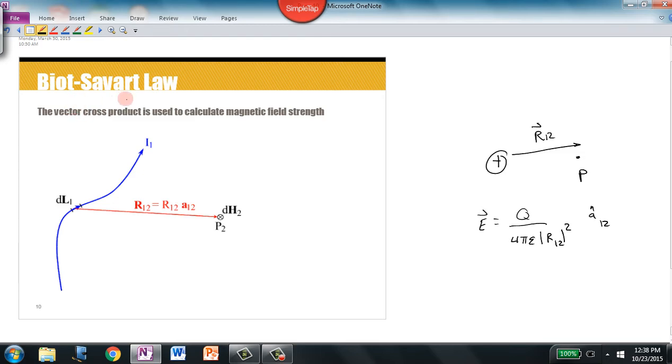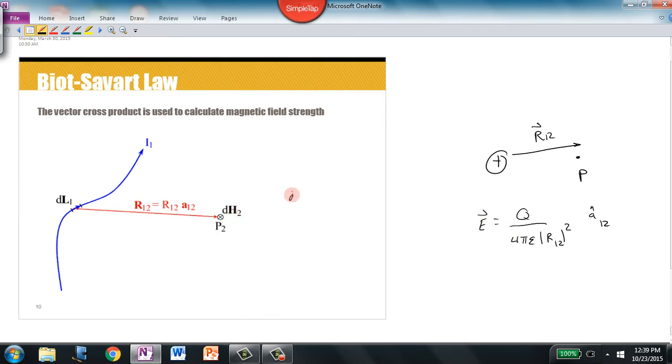The Biot-Savart law is what we'll use to determine the magnetic field strength at that point due to this individual current element. And since it is a differential length element, we will establish what we call a differential magnetic field strength. I'm showing here E is the symbol for electric field, H is the symbol for magnetic field.